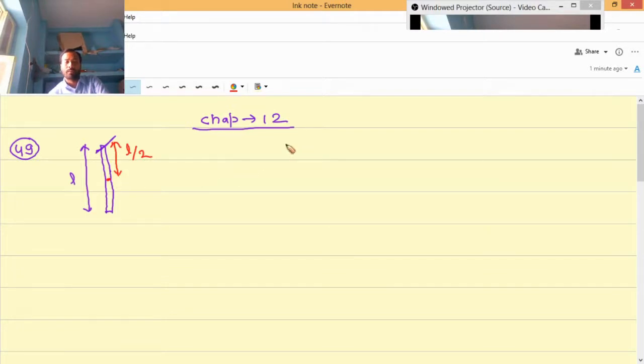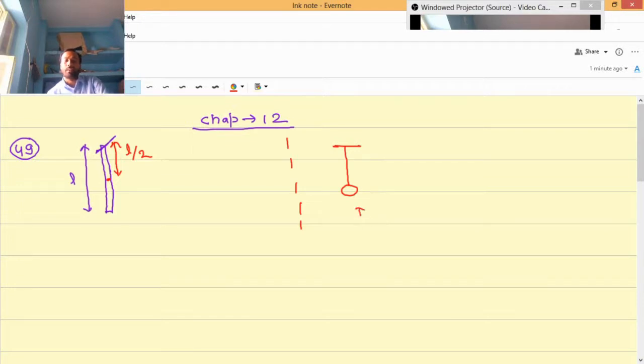So this is the case for the first part, and we have been asked to compare the time period with a simple pendulum. For a simple pendulum, we have a thread and a mass attached to it, suspended through some fixed point. So this is our simple pendulum case.